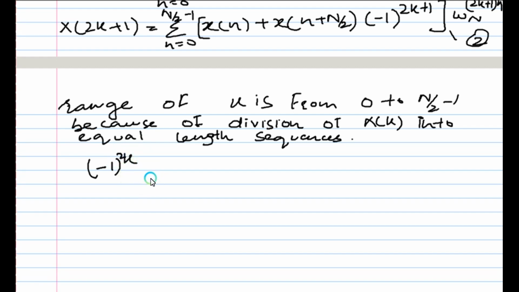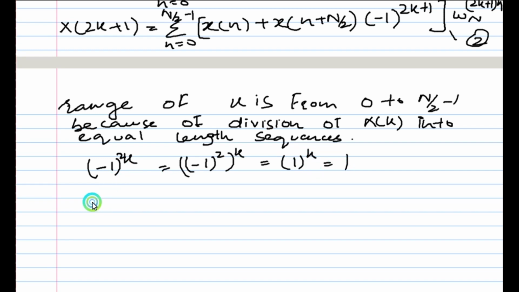So this is equal to minus 1 squared, whole raised to power k. Minus 1 squared will always be equal to 1. So 1 raised to power k will be equal to 1, since k can take any integer values from 0, so 1 raised to power k will be equal to 1.